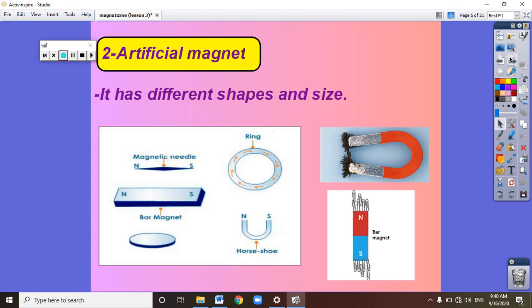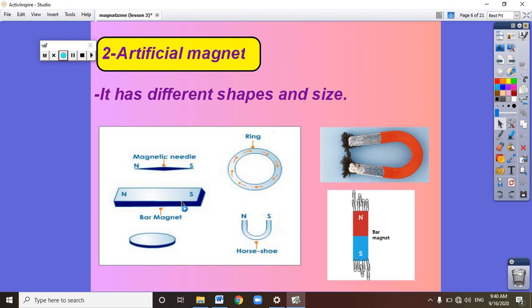Let's go to the artificial magnet. We made the artificial magnet. We don't find it in nature. It has different shapes and sizes. As you can see, we have here the needle magnet. That's the shape of the needle magnet. And this is the bar magnet.